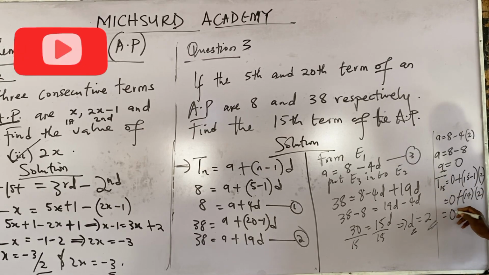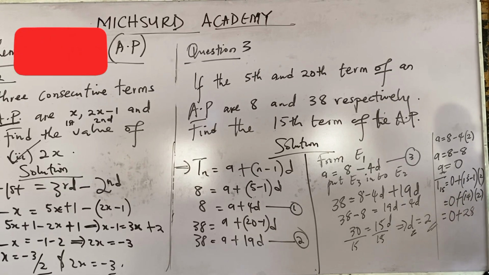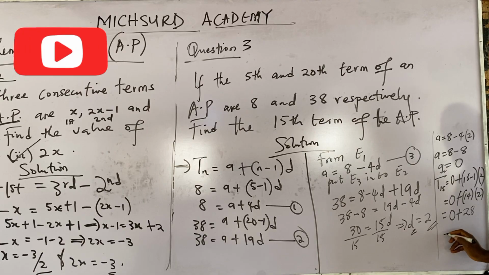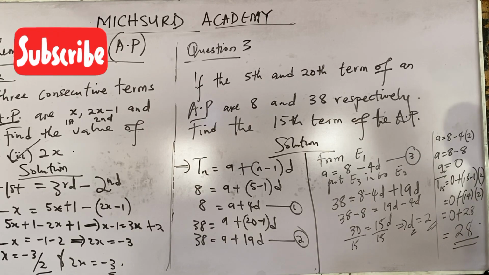So this will be equal to 0 plus 14 times 2, which is 28. So 0 plus 28 is equal to 28. So the correct answer is 28.